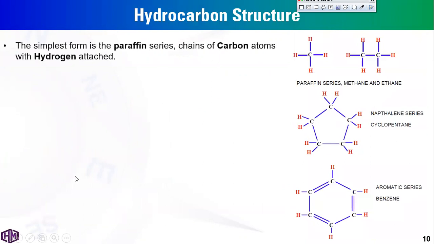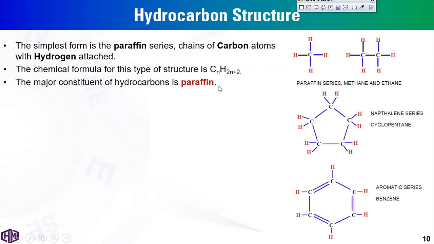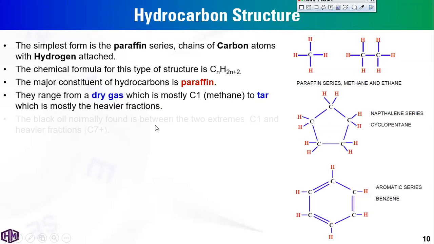As mentioned, the simplest form of hydrocarbon is the paraffin series, chains of carbon atoms attached with hydrogen, like CH4 or C2H6, methane or ethane. This is the typical chemical form, CnH2n+2.